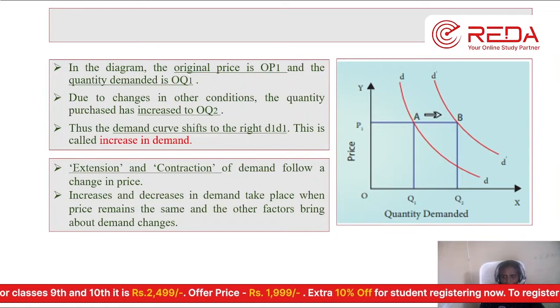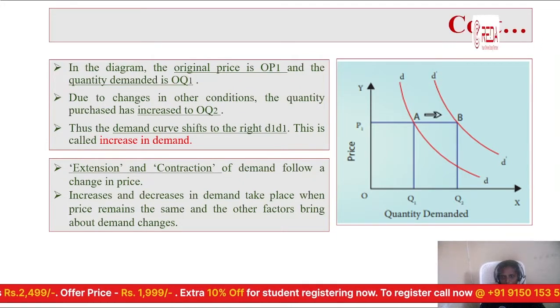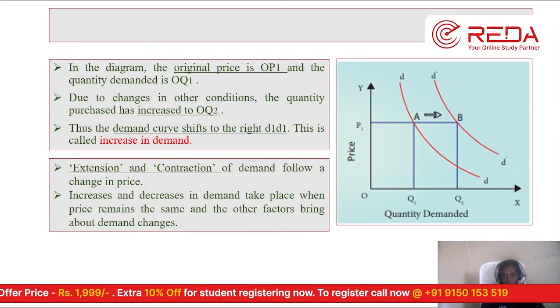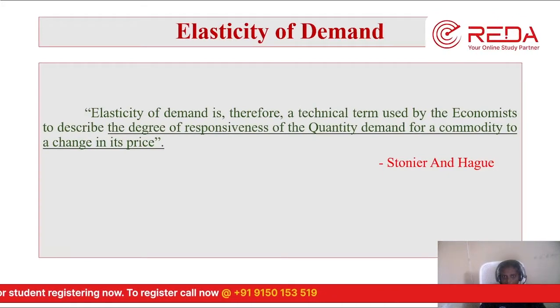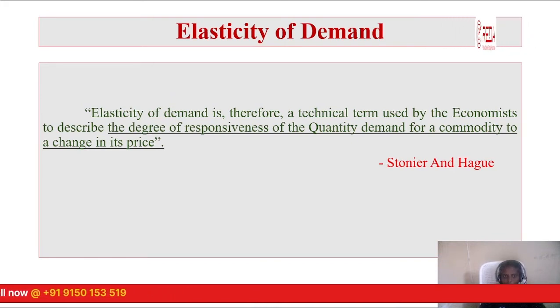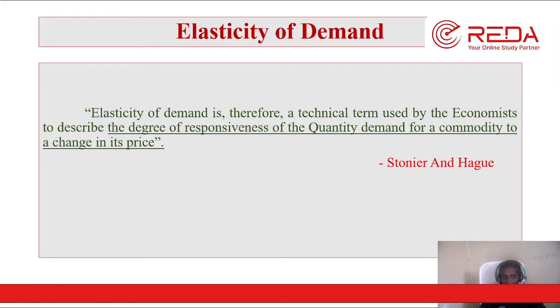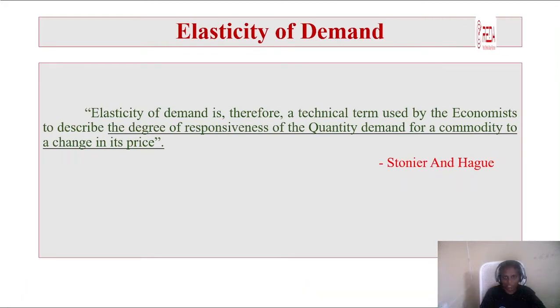So what kind of movement is there in the demand curve, whether it is elastic or inelastic, we are going to see in detail under elasticity of demand. According to Stonier and Hague, elasticity of demand is the degree of responsiveness of the quantity demanded for a commodity to a change in its price.